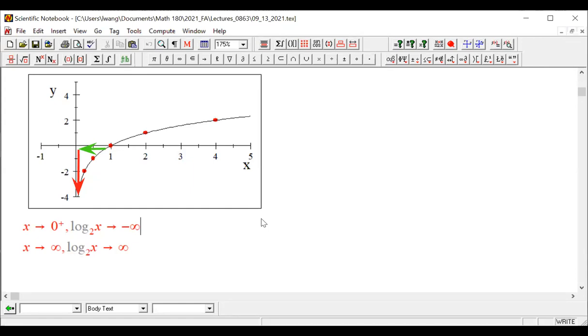There's no y, but there is one x. That's right, there's no y-intercept. So the curve will never touch the y-axis, right? Because to touch the y-axis, x has to be 0, remember? And x cannot be 0, right? So we have one x-intercept, but we don't have a y-intercept.